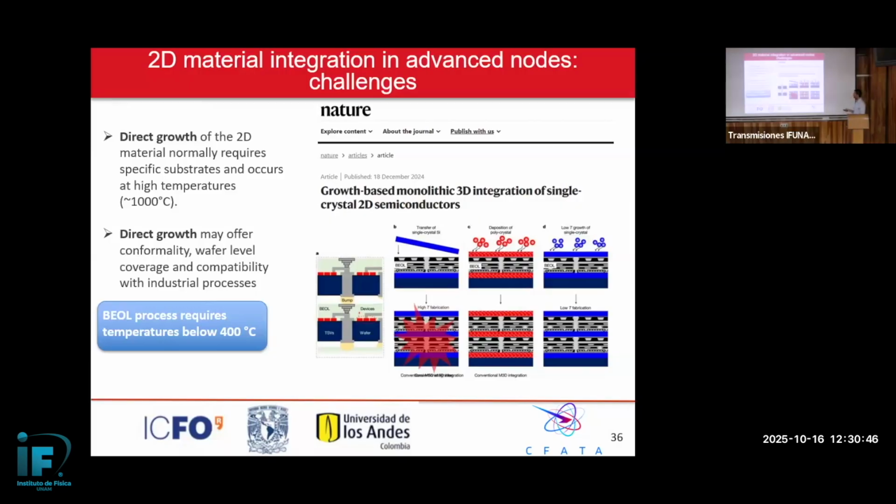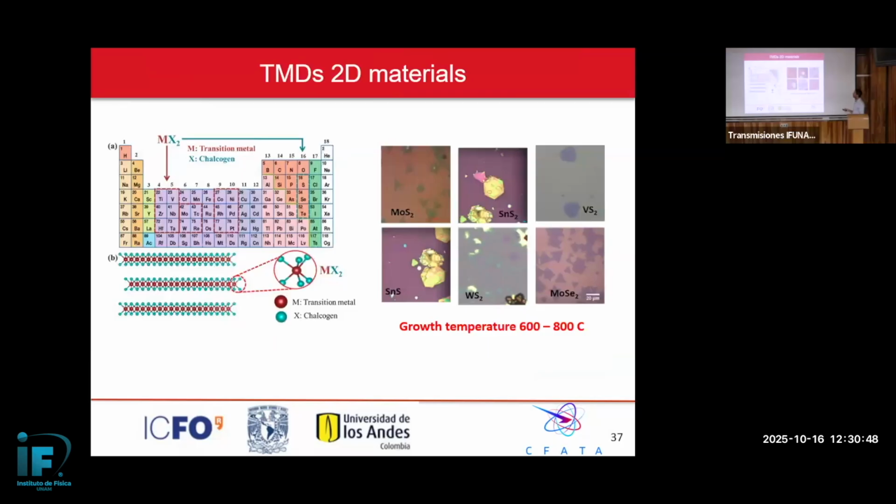So based on this, TMDs are almost impossible to grow at low temperature. So what I did, I challenged my students and postdocs to come up with a solution to that.